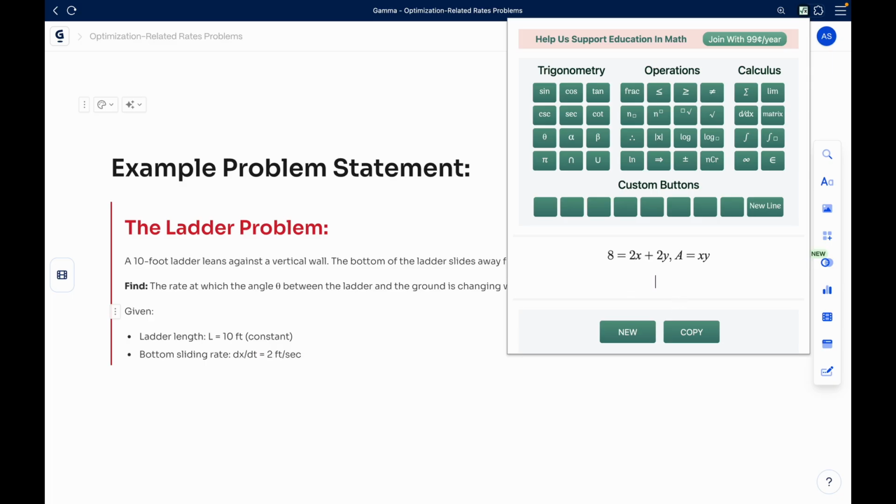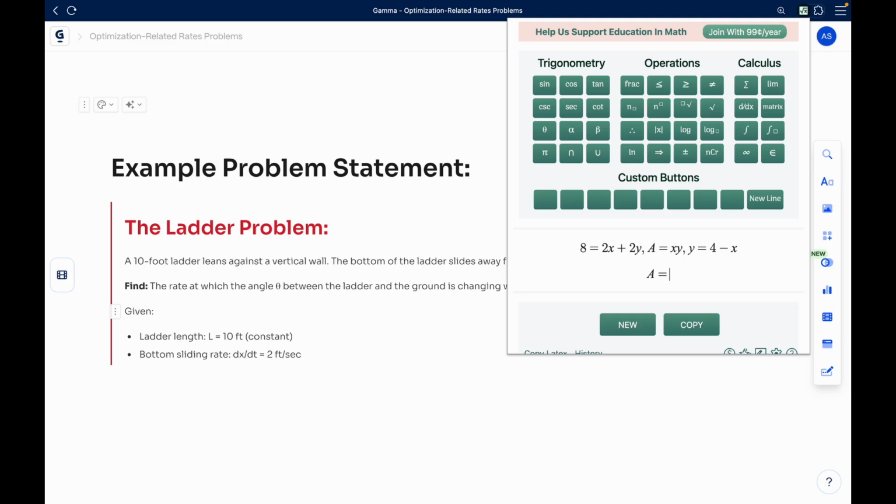Now, what we can do is solve for y in terms of x. So y is equal to 4 minus x, and since area is equal to xy, it's going to equal x multiplied by 4 minus x, or this is also equal to 4x minus x squared.